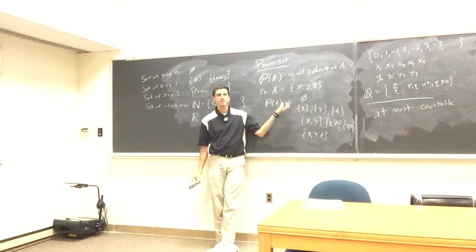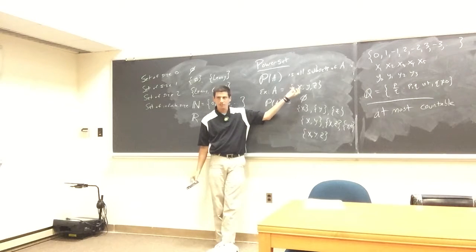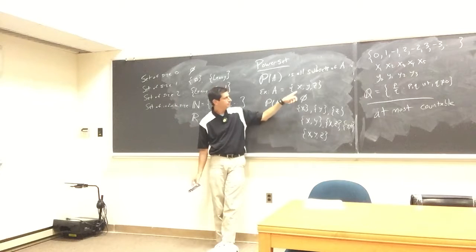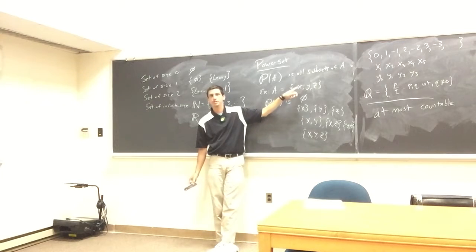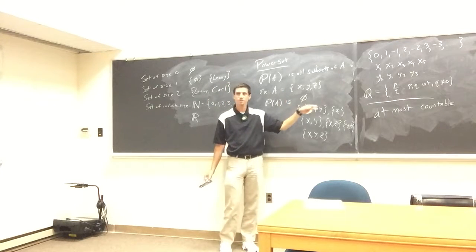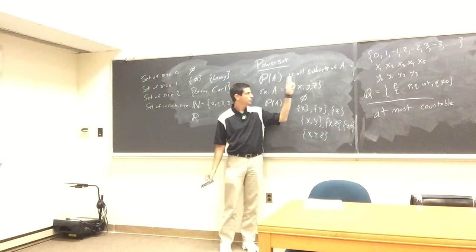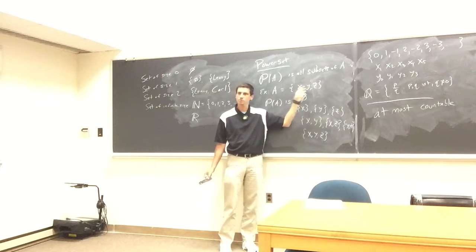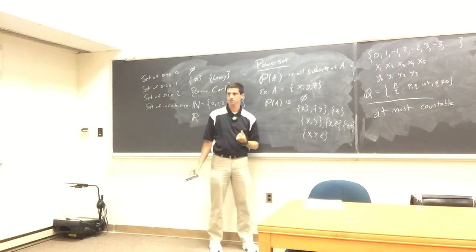And so this has 3 elements. The power set has 2 to the 3 elements. Think of it, for each element, you have a choice. You either take it or don't take it when you're forming a subset. So you have 2 choices at the element x, 2 choices at y, 2 choices at z. You have 2 times 2 times 2 is 8 choices.